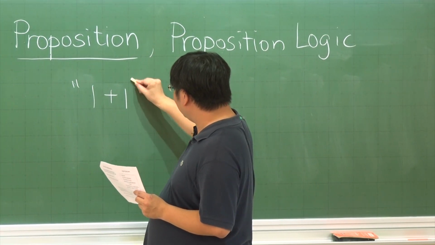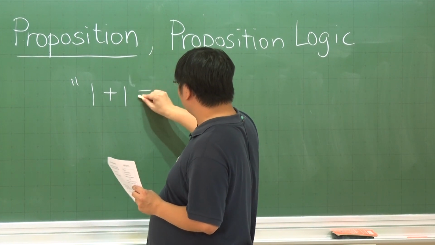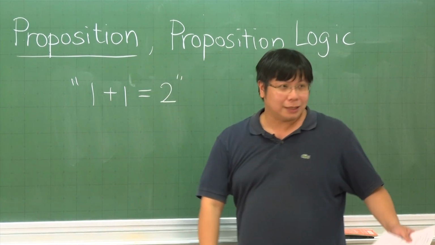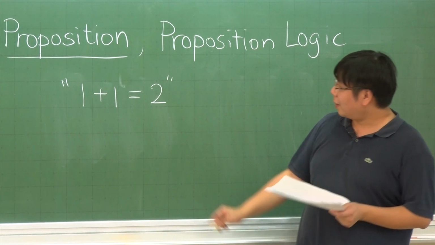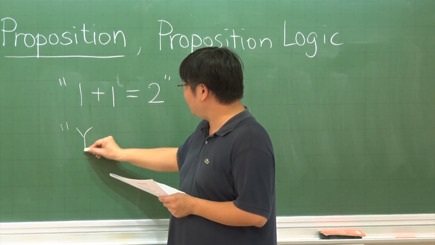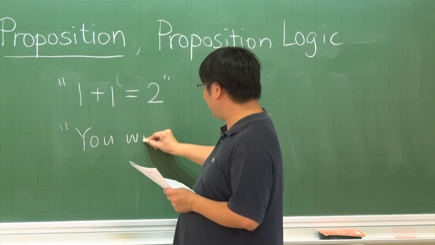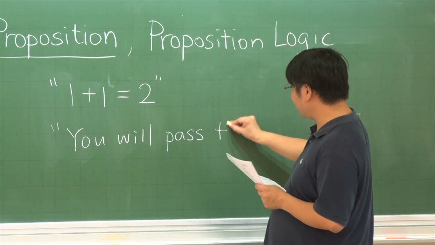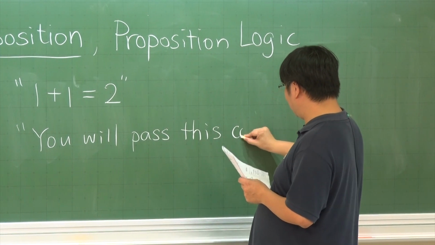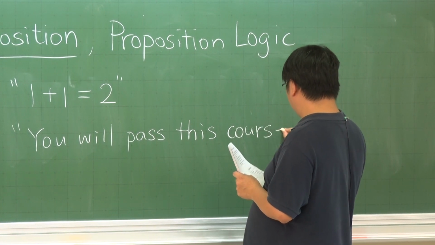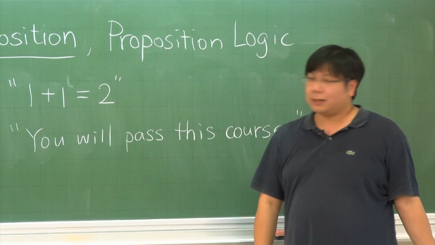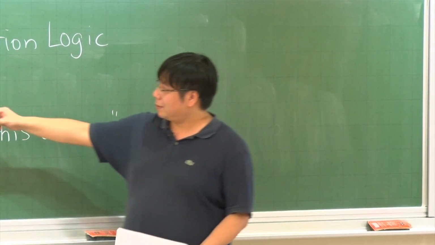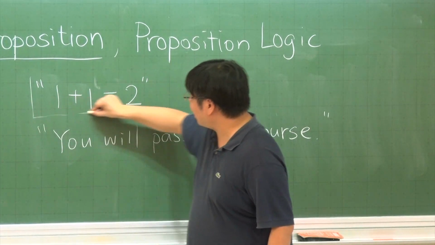So this is a proposition: 1 plus 1 is equal to 2. It's a proposition. Okay? Or you will pass this course. Now, a proposition is some discrete thing. This is a sentence, right?